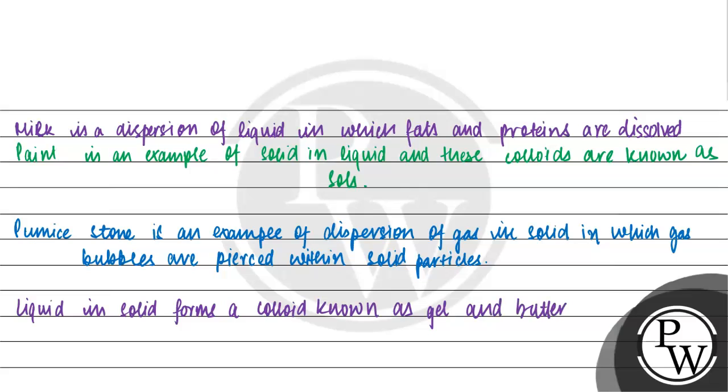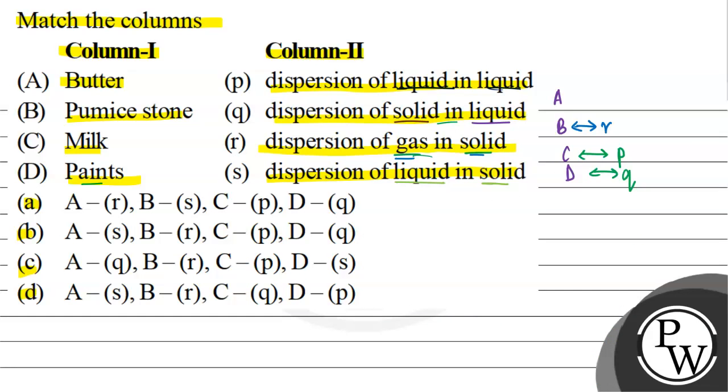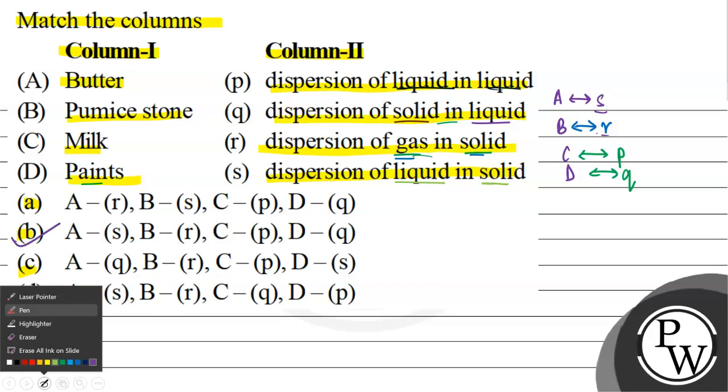Butter is an example of liquid in solid colloid. So let us match the options. Our A will match with liquid in solid, which is S. So our code becomes SRPQ. Option number B will be the right answer to the question.